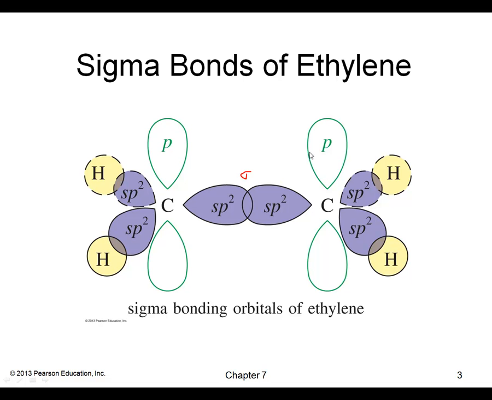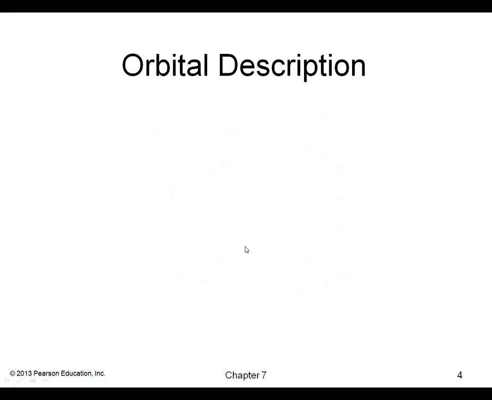Even though it shows that they aren't, these are really very close to each other, and so they do overlap, and we'll often designate that overlap by drawing two lines between the p orbitals. And so you have half of a pi bond up here, and half of a pi bond down here. That's how we'll want to view a pi bond.